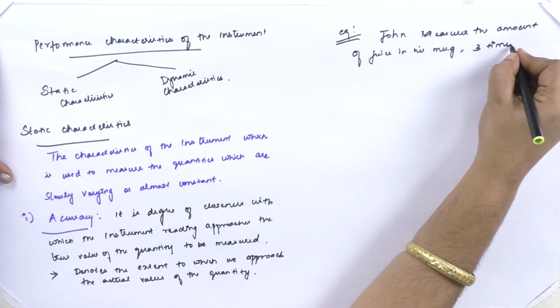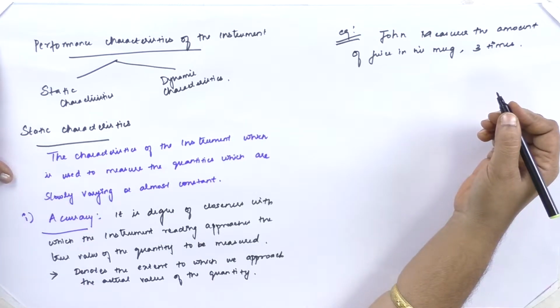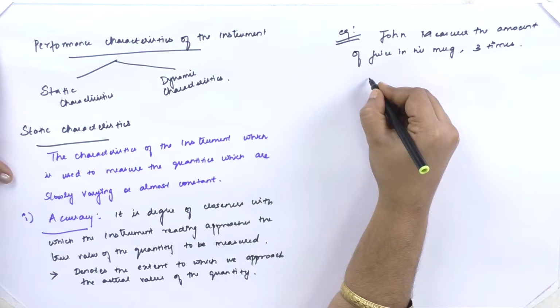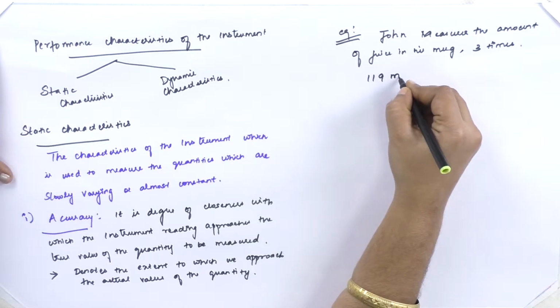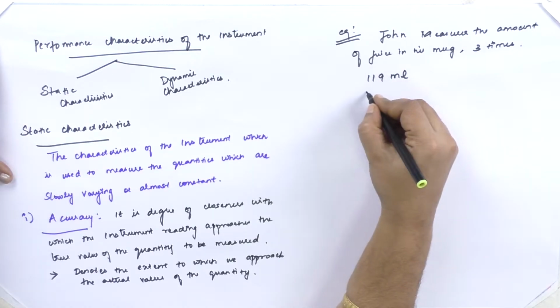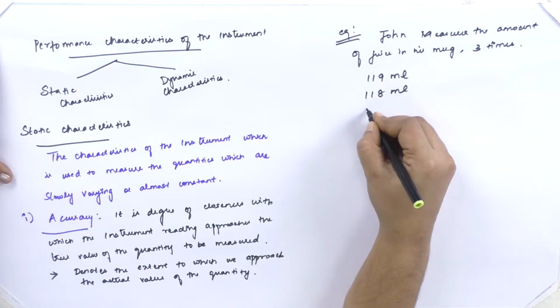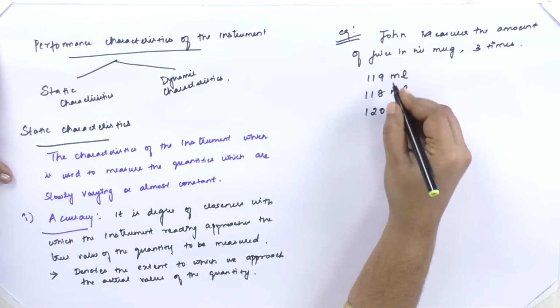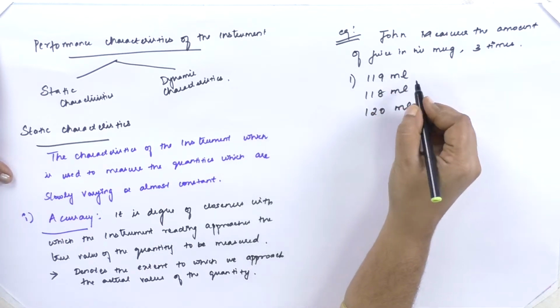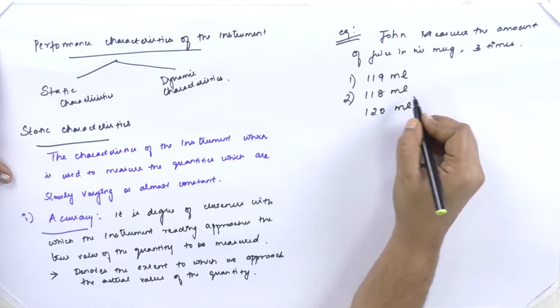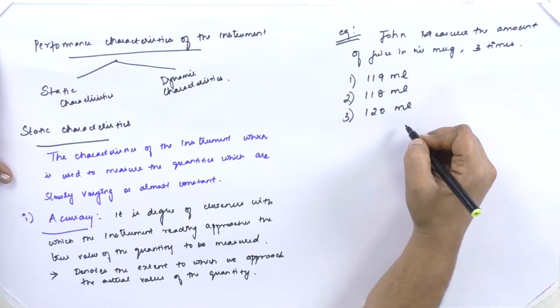So, he obtains the following result. He obtains the 3 readings. The first reading is 119 ml, second one is 118 ml, third one is 120 ml.